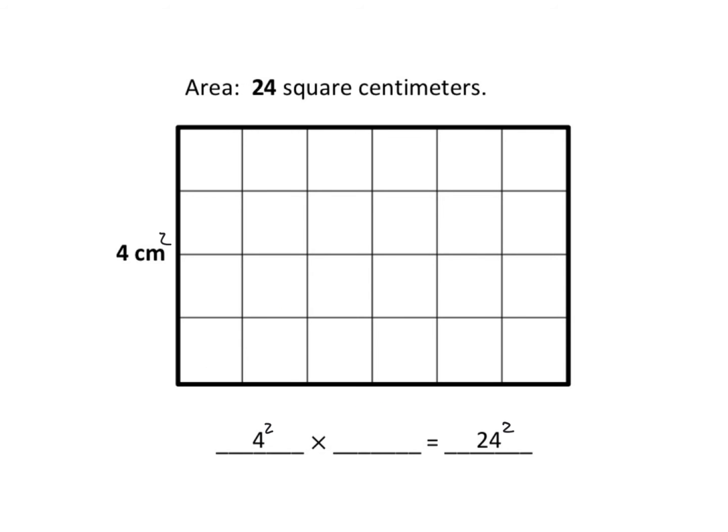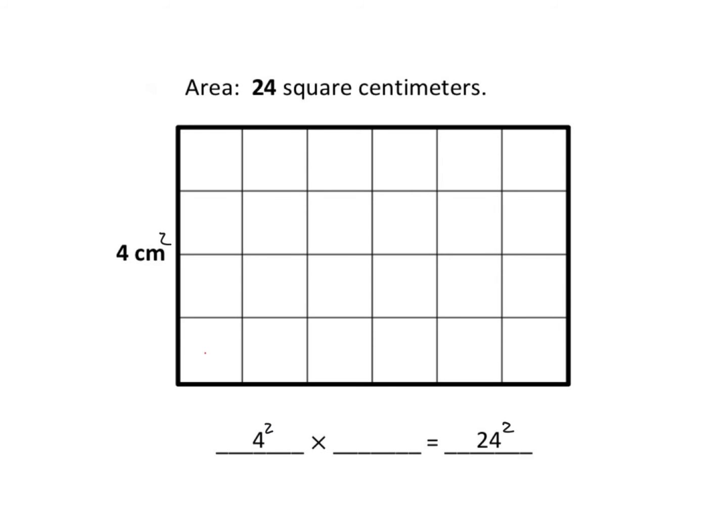So our next example is very similar, except our array's area is 24 square centimeters, and one of our side lengths is 4 centimeters. So we're looking for what times 4 is going to give us 24. And again, we can count how many square units or square centimeters are in one of our rows in our array to do this.